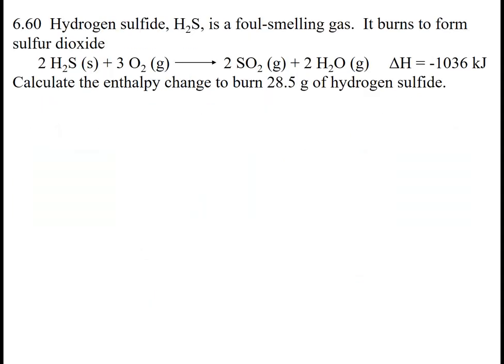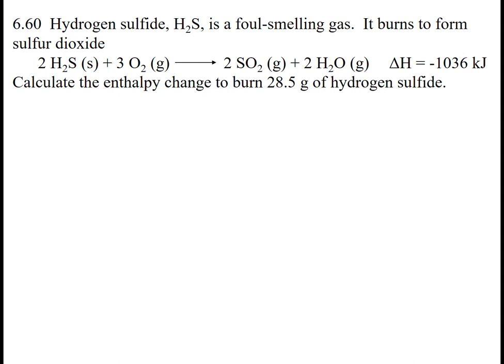So the first problem is hydrogen sulfide is a foul-smelling gas. It burns in oxygen to form sulfur dioxide. So here's my balanced reaction. Now with stoichiometry, we've done this before. The thermochemical equation here says that negative 1036 is per 2 moles of H2S, per 3 moles of oxygen, per 2 moles of SO2, and per 2 moles of water.